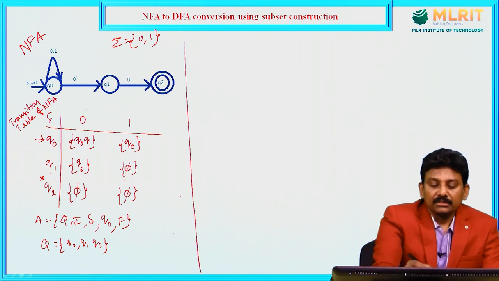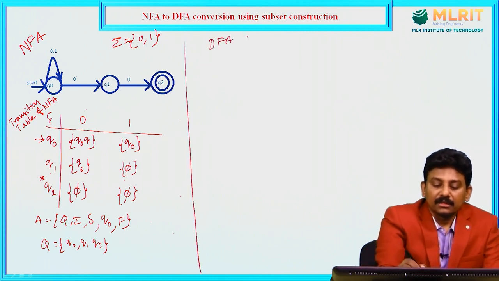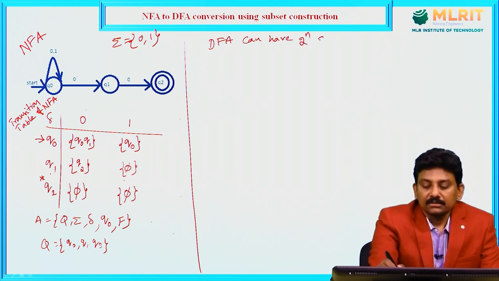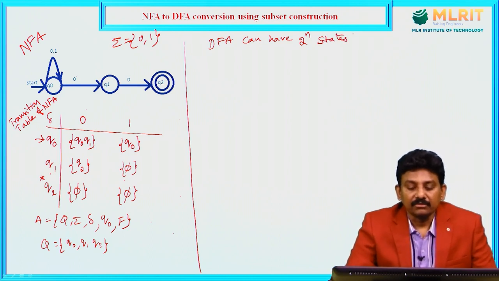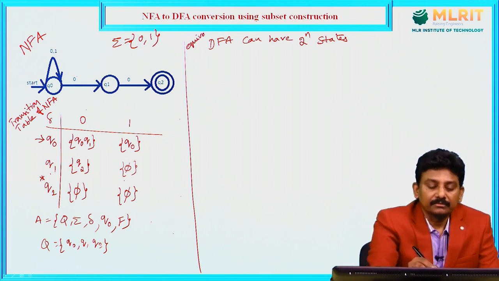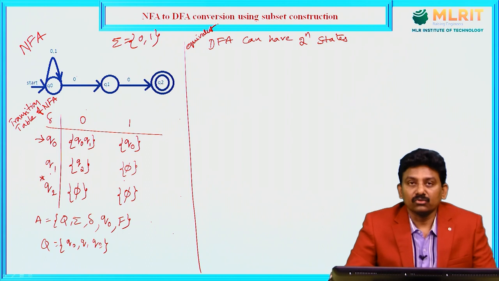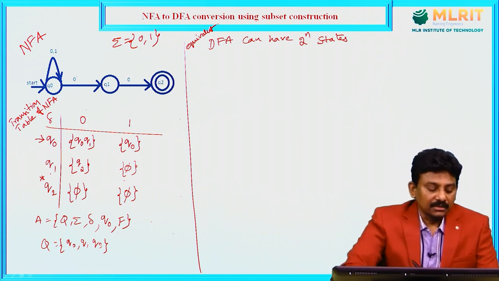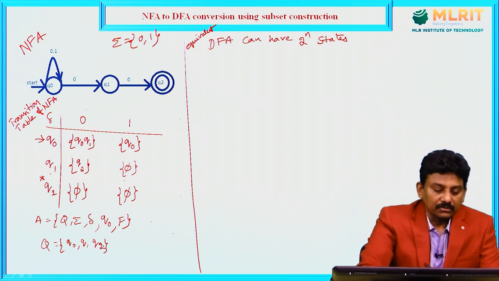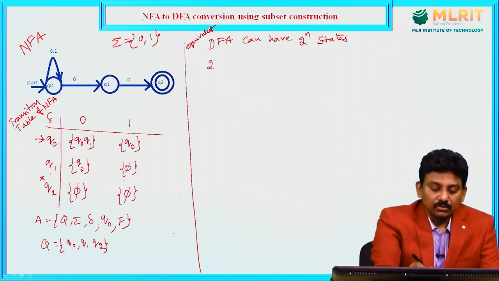The equivalent DFA can have 2 power n states. Here in the given NFA, 3 states are given, Q0, Q1, Q2. The equivalent DFA can have 2 power 3 states, that is 8 states.